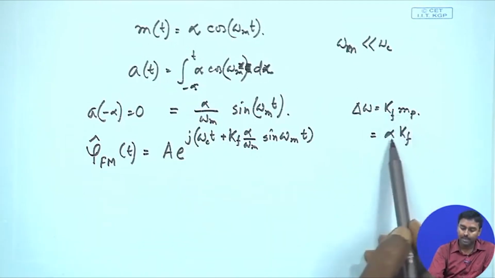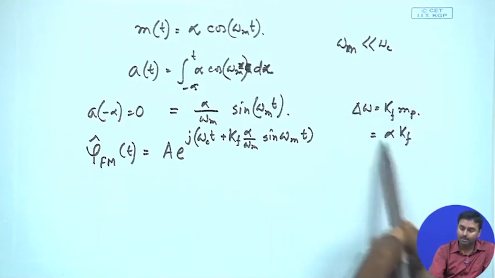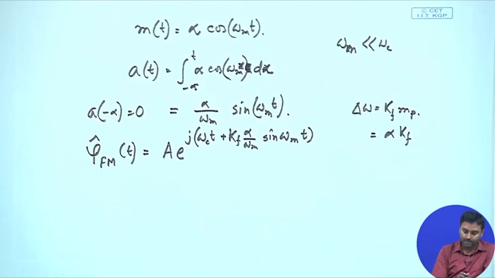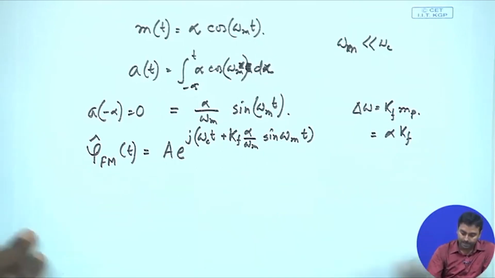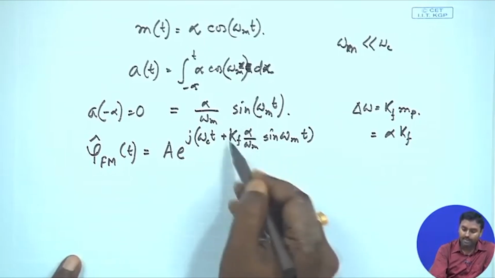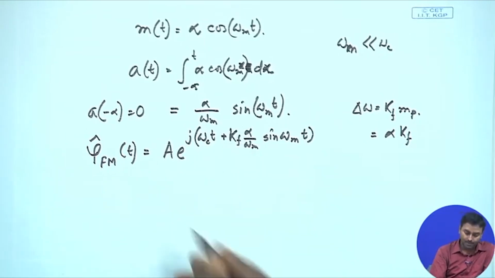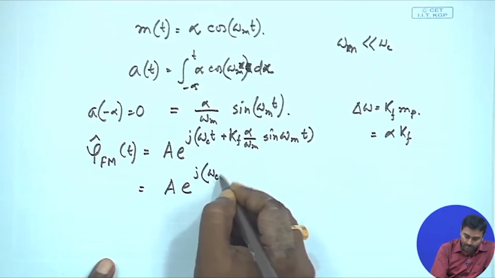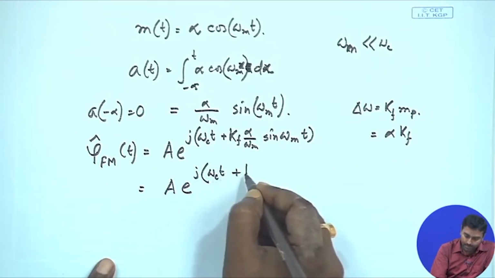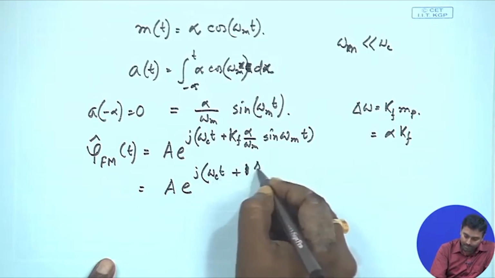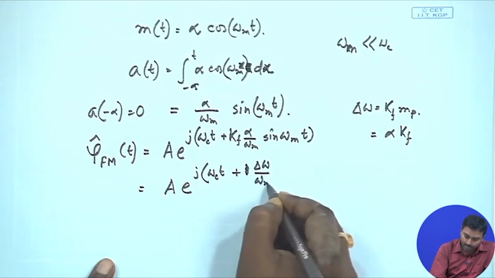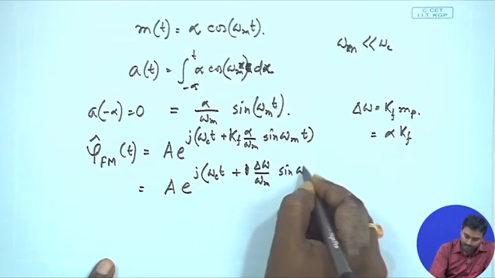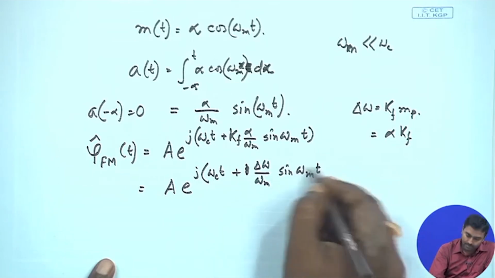So, mp becomes alpha. So, I can write del omega in terms of alpha and kf, right. So, kf into alpha immediately I can write as del omega, okay. So, I can write this as e to the power j omega c t plus kf into alpha I can write as del omega divided by omega m sine omega m t, right.